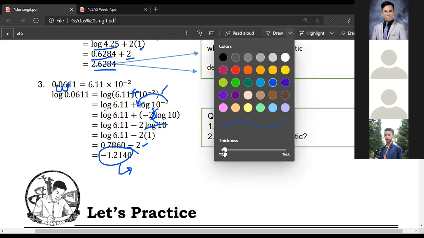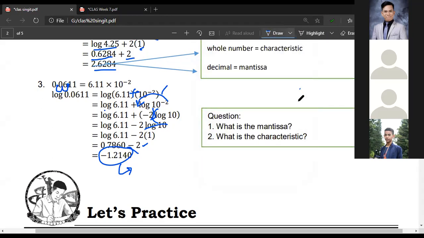Okay, the mantisa, ulitin ko lang. The mantisa would be 0.2140. How about the characteristic? -1, sir. Okay, that would be -1. Okay, so that's correct.